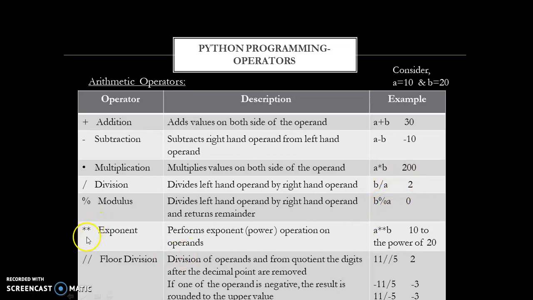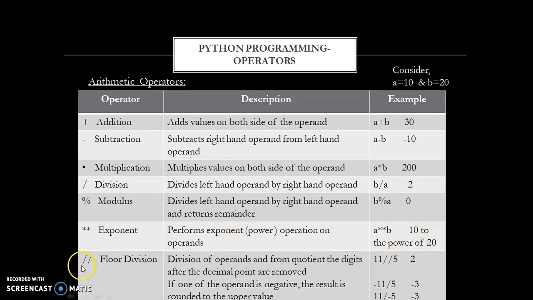Now the next arithmetic operator is double star, which is used to perform the exponent. If you want to find the power value, then we need to use double star. If you put A star star B, then according to our example, A is 10 and B equal to 20, so we are trying to find 10 to the power of 20.